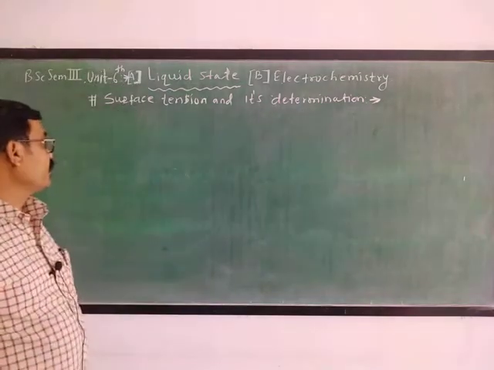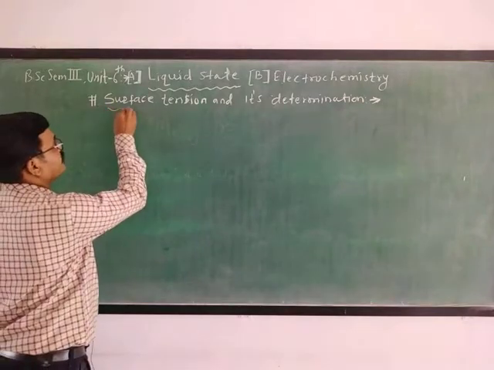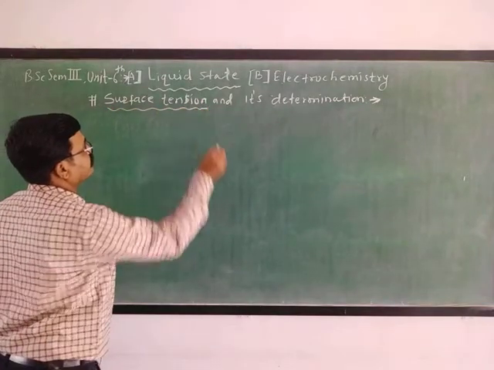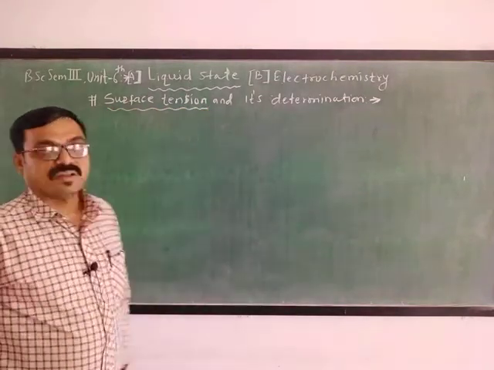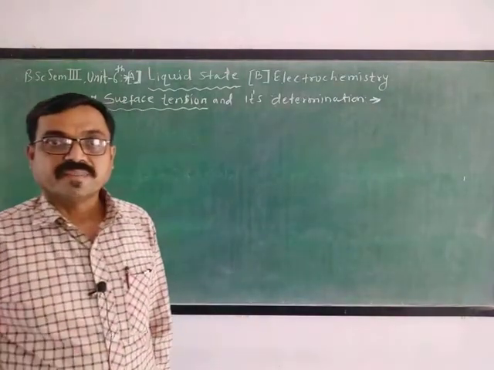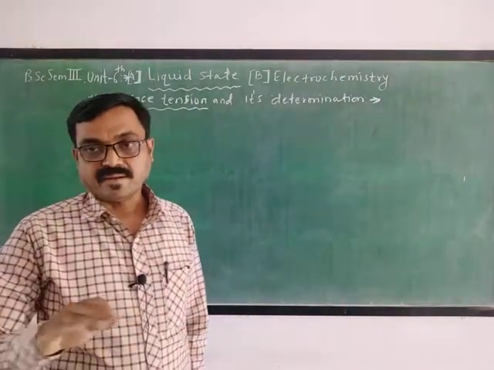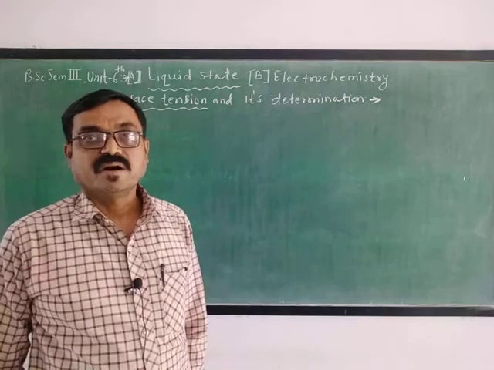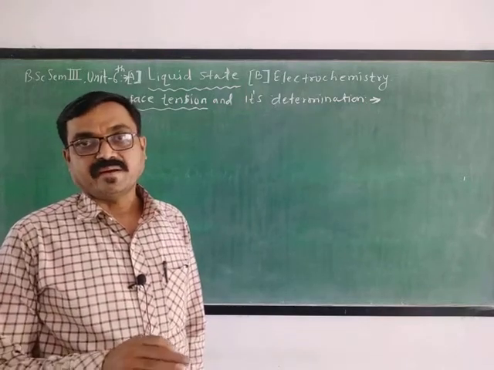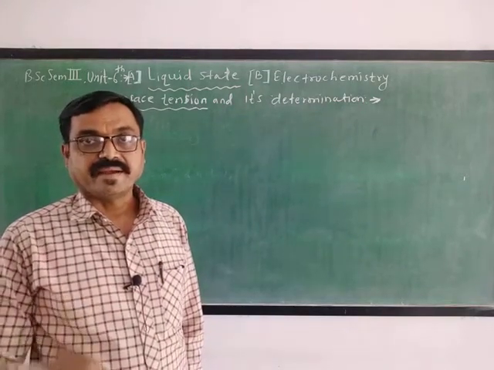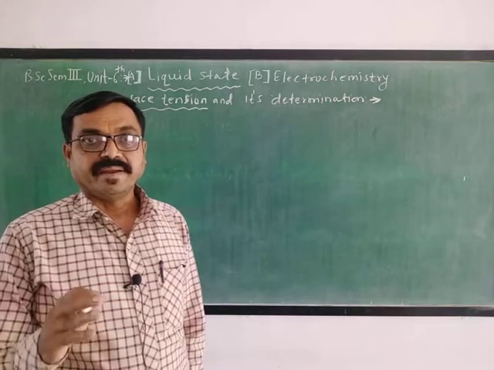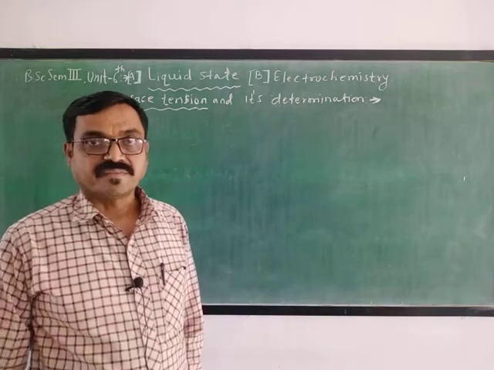Now see, first of all, surface tension. What is the definition of surface tension? The surface tension can be defined as the force acting on the surface of the liquid, or the force acting on the surface at a right angle, per 1 meter length of the surface.